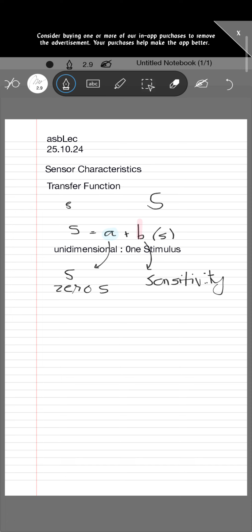Now the thing is that all sensors may not be linear functions.